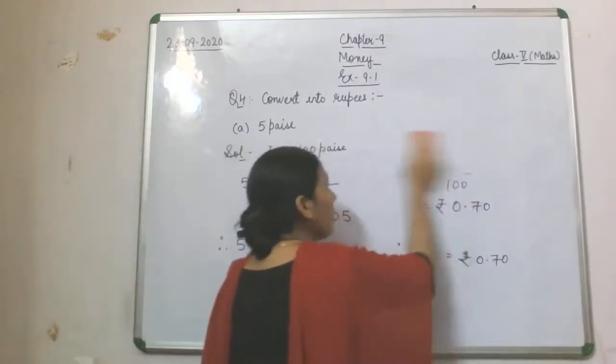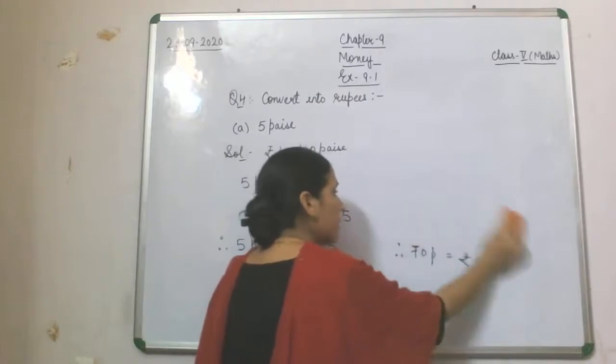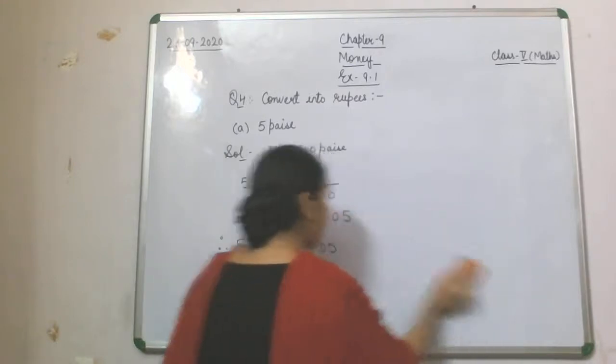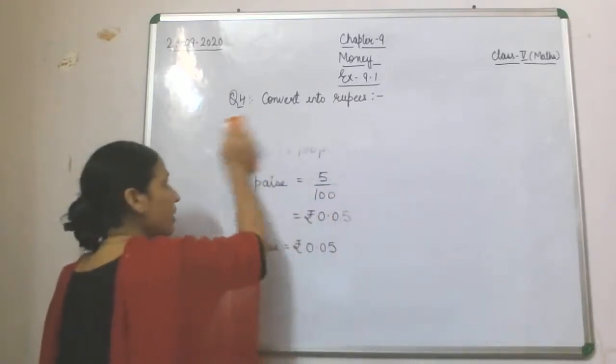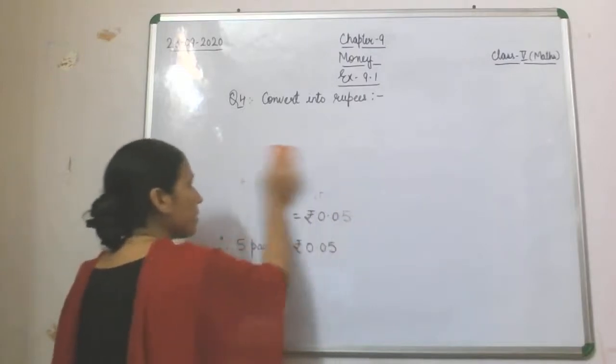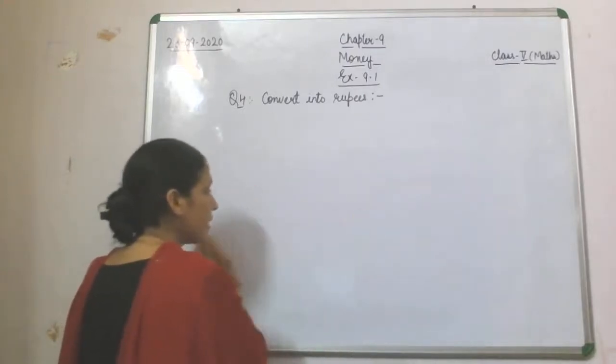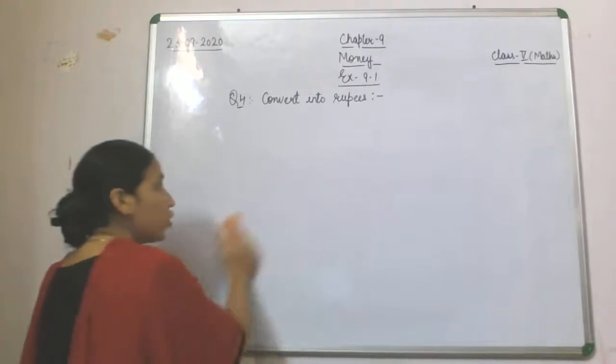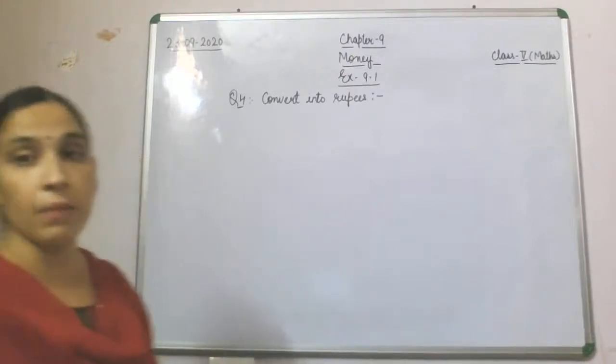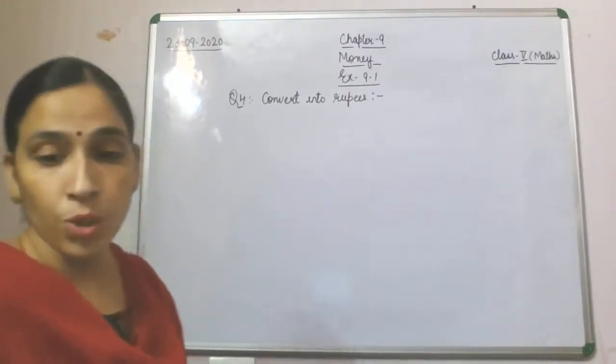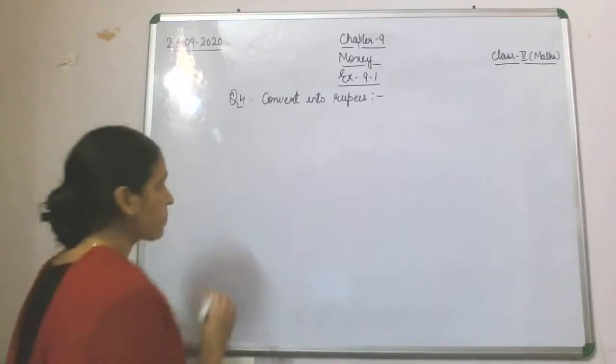Let's see how. The concept and the method will be the same. The only difference is that in the answer, instead of 0 rupee, you will get some amount of rupee. So let's see C part.